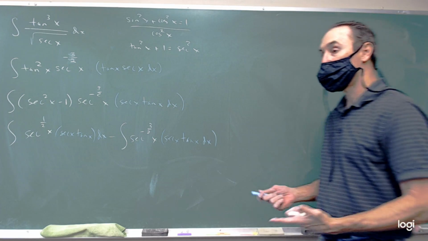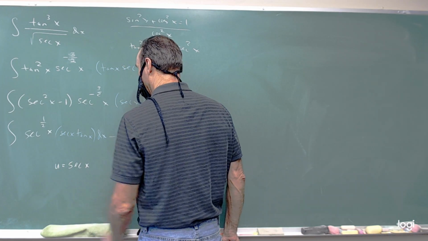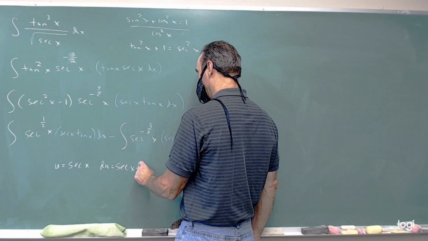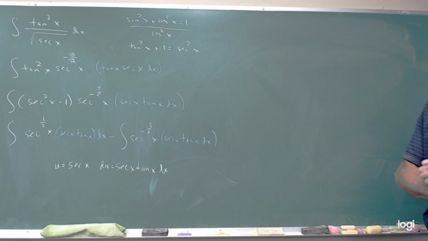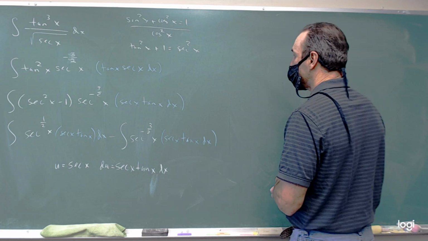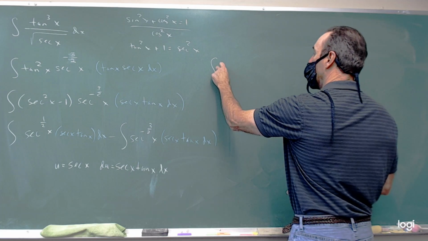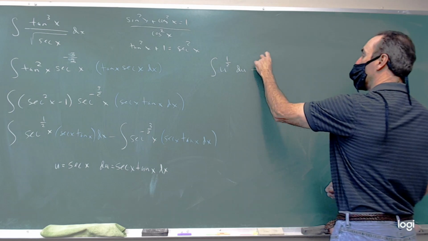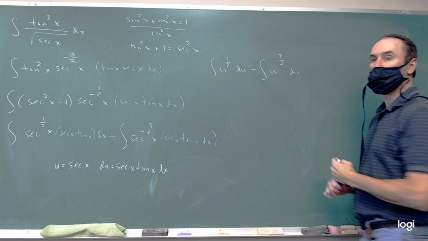So both integrals have the same u substitution. U is going to be secant. So du, there is our secant x tangent x that we were saving right from the very beginning. So our integral becomes u to the 1/2 du minus u to the negative 3/2 du.